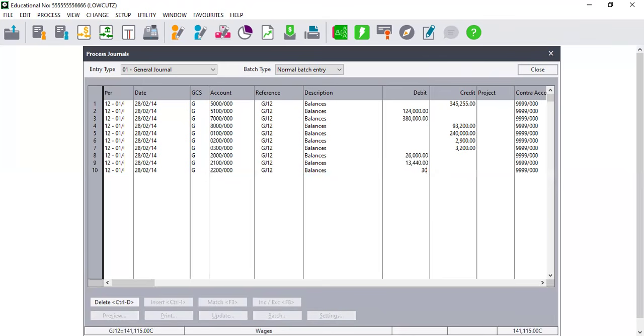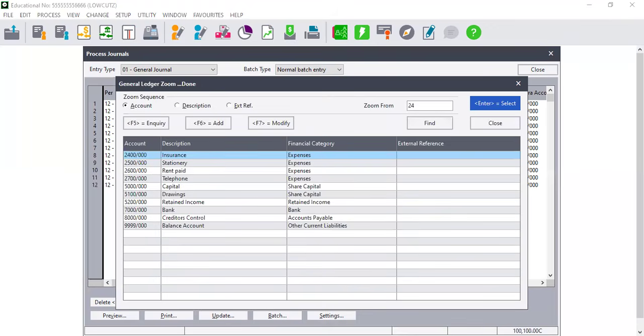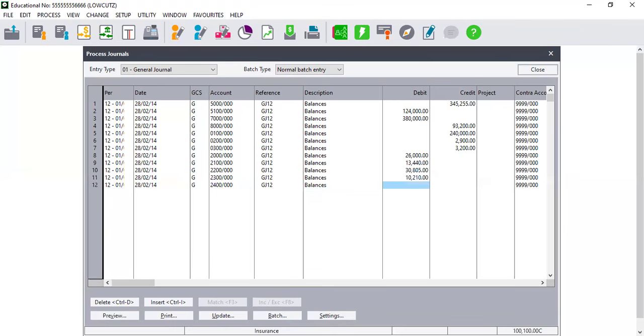It should be 30,85, like this. We go again, 23, advertising. Advertising is 10,10, like that. 24, insurance is 9960.